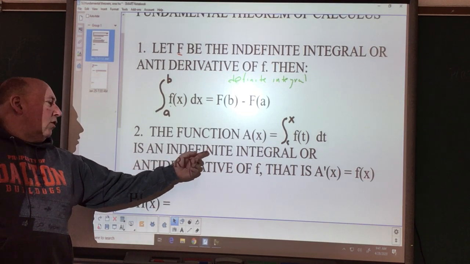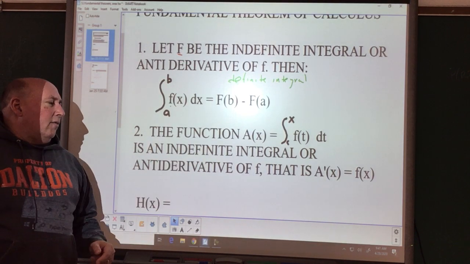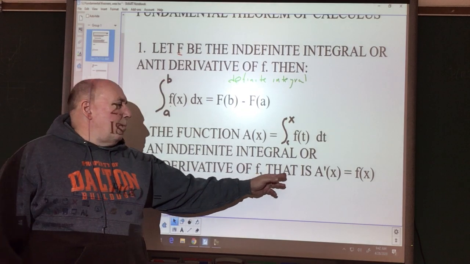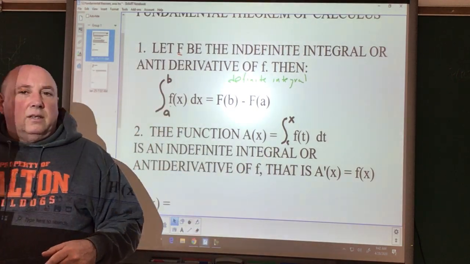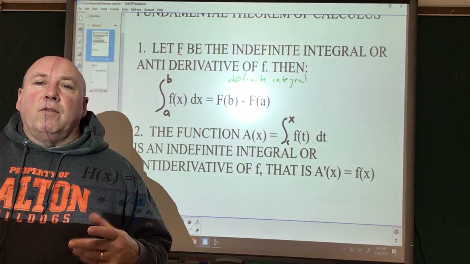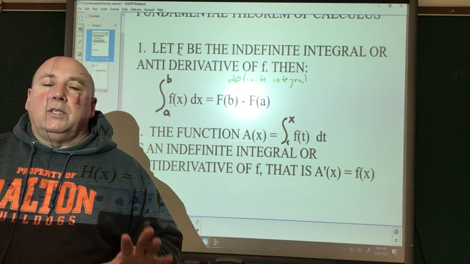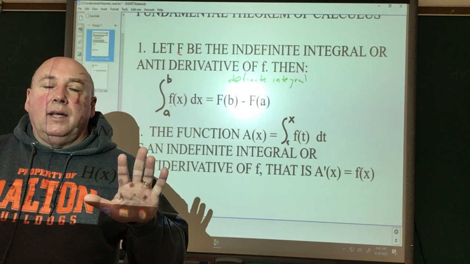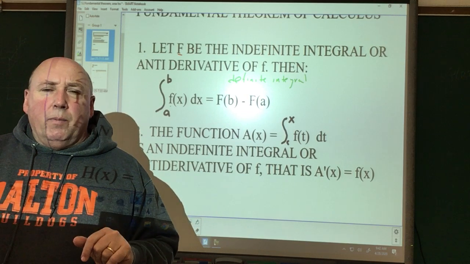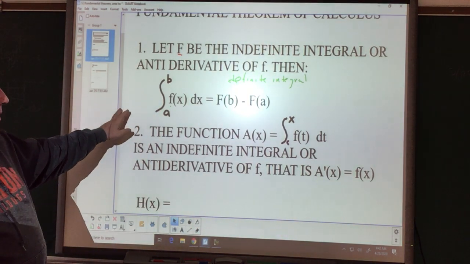This is an antiderivative of f, that is, A prime of x is equal to f of x. This is going to sound confusing to begin with, but as we slow things down a little bit, it will make a little bit more sense for us.